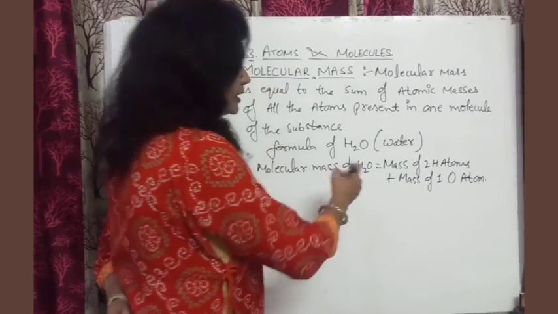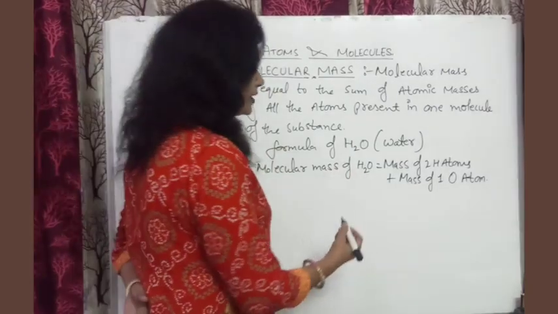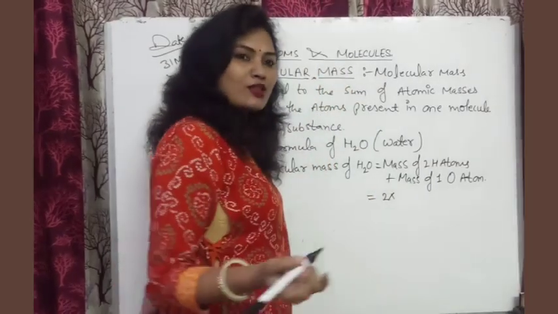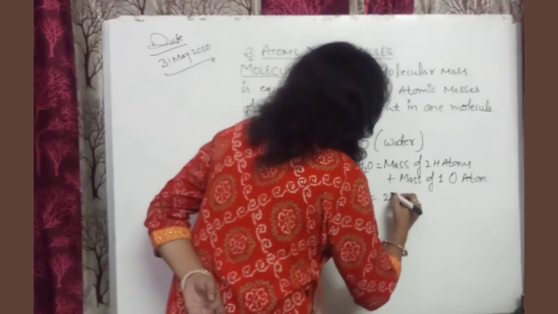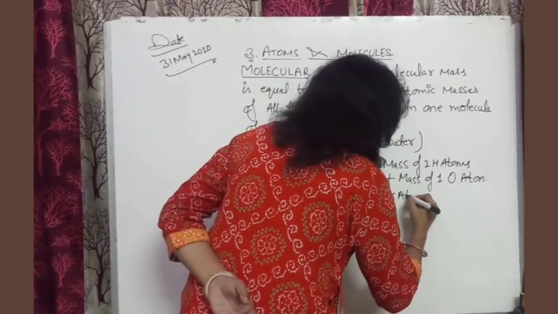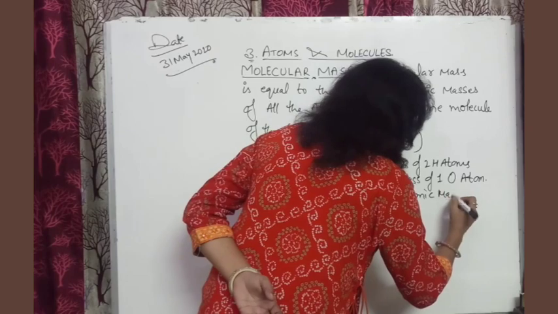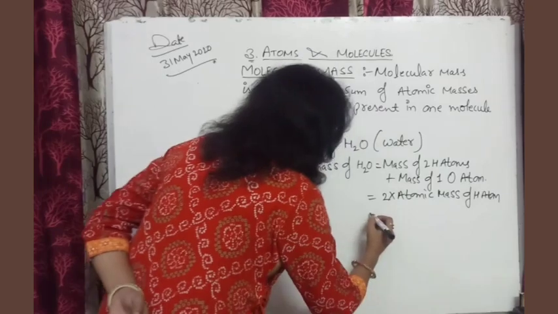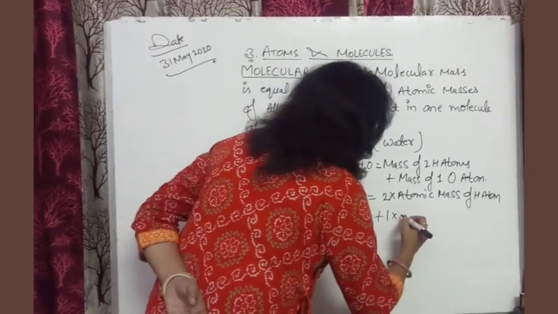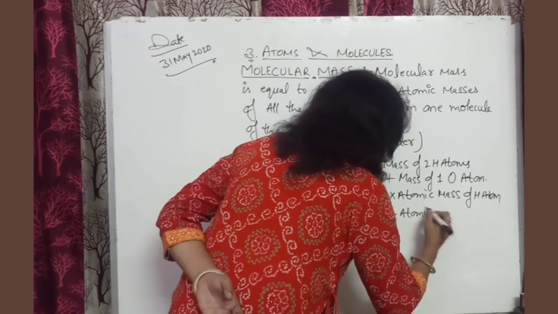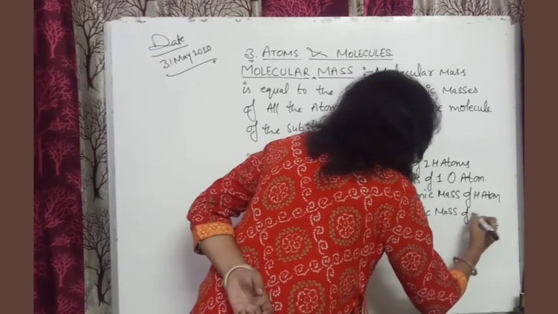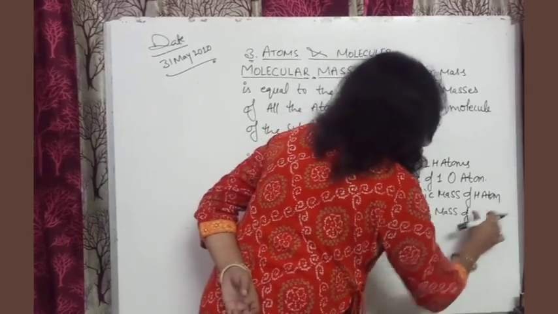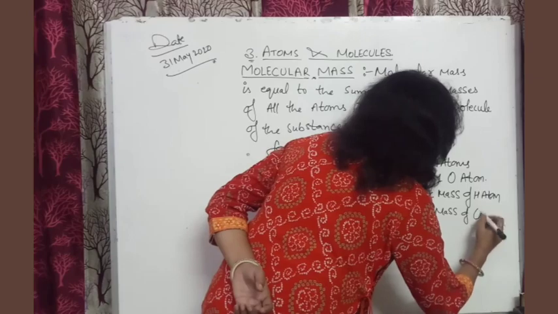Now we can write this in another form also. We can write 2 into the atomic mass of H atom plus 1 into the atomic mass of O atom.